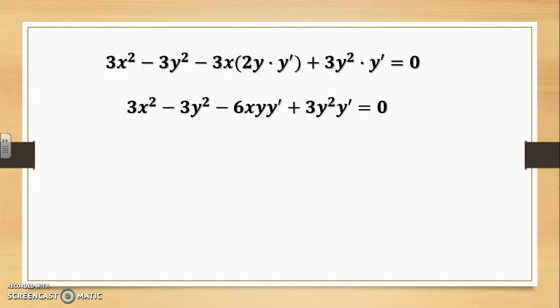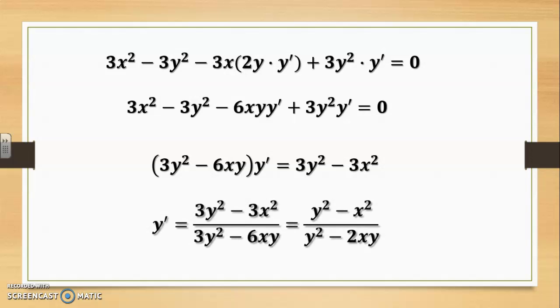Now, our next guideline was to simplify, if possible, the terms you have, regroup all terms with y primes on one side, and those that don't have y primes we can push over to the other side. So I've regrouped terms with y primes, and I've actually also factored y prime already on the left. And then we can divide by the term y prime was a factor of.